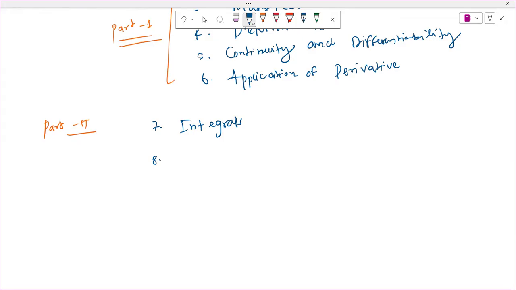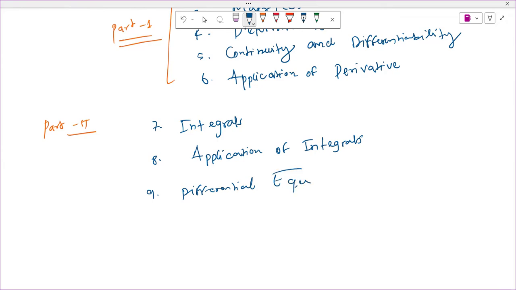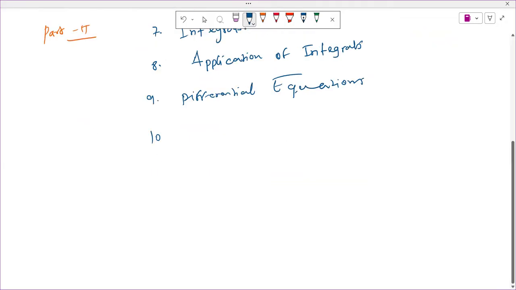Chapter 8 is application of integrals, and then chapter 9 is differential equations. Chapter 10 is vector algebra.